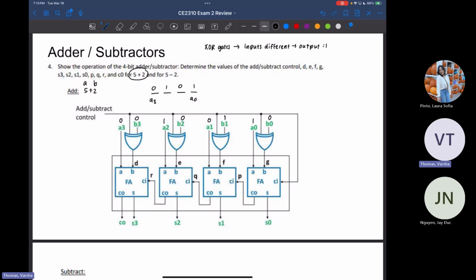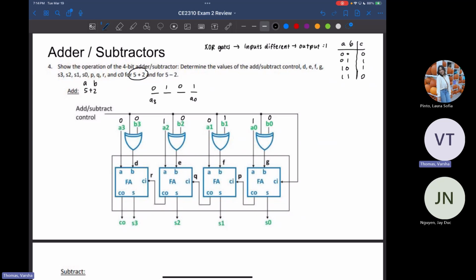So if I do a small little truth table real quick on that, input 0, 0, they're not different, so that's 0. The middle two are different, and the last one, they're the same value, so you get out a 0.